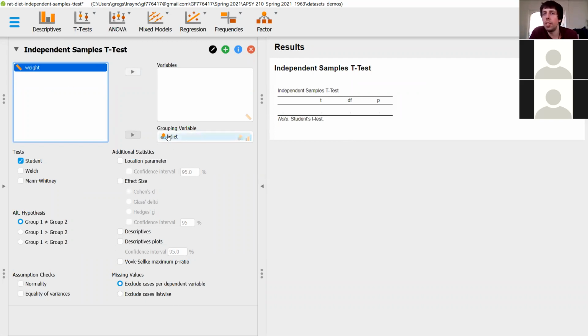So diet has moved into this grouping variable. And if you think about what a grouping variable means, it is a variable that identifies each case, or each rat subject in this case, as belonging to one of two different groups. In this case, two different groups that are being compared. And then we can move weight simply to the other variable slot.